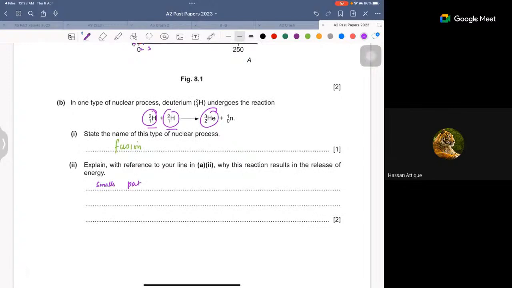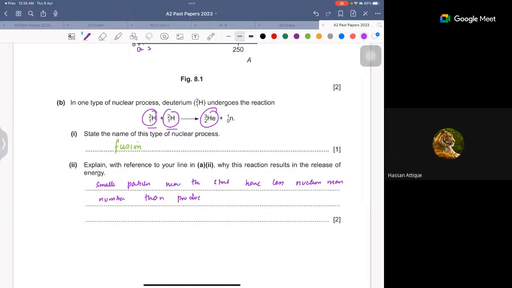Smaller particles near the start have less nucleon mass number than the product.